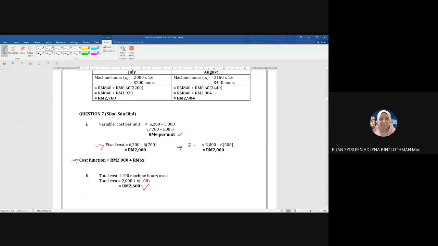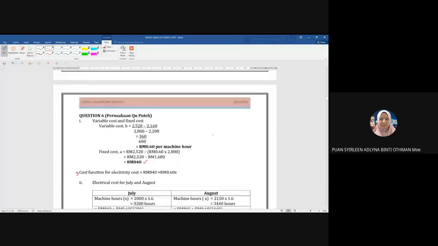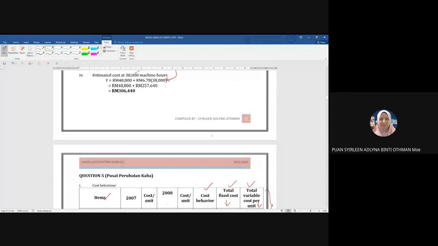Soalan 3 ke sayang? Sekejap ya. Okay, question 3. Question 3, are you sure it's question 3? Yes. Okay, soalan yang mana tu Fazila? Roman 3. Roman 3, using the high-low method, segregate the mixed cost, is it? Is that the one? Yes.